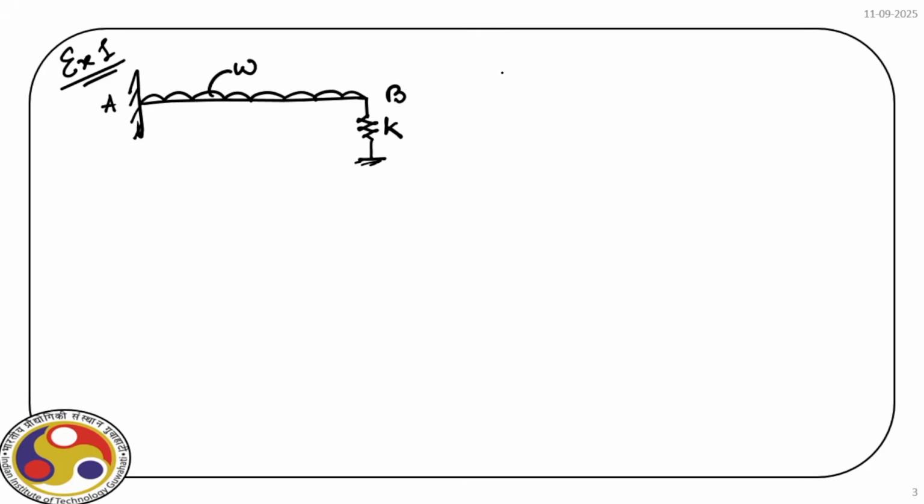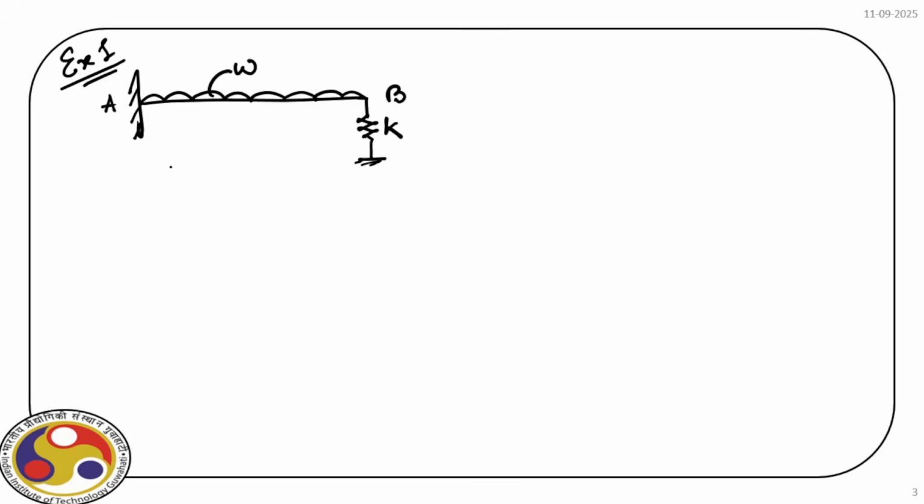Earlier we solved a similar problem where we had a prop at the end B and we solved that problem, right? If you recall in the previous lecture. Now here we have a spring instead of a support. So obviously there will be some deformation.